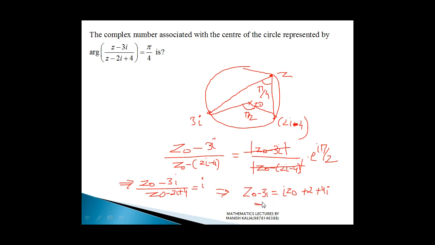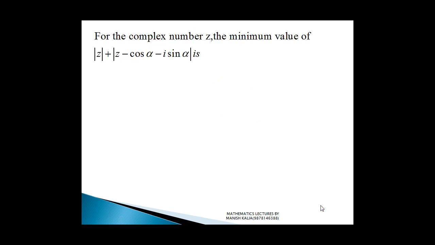So this implies z naught into 1 minus iota is equal to 2 plus 7 iota. This implies z naught is equal to 2 plus 7 iota by 1 minus iota. So this can be further simplified using rationalization.